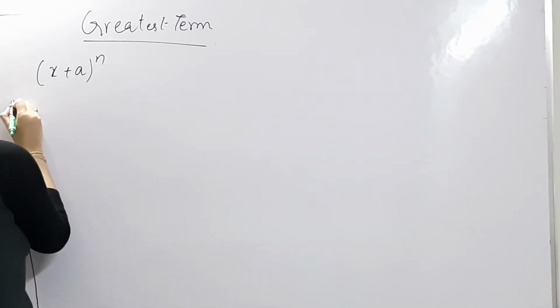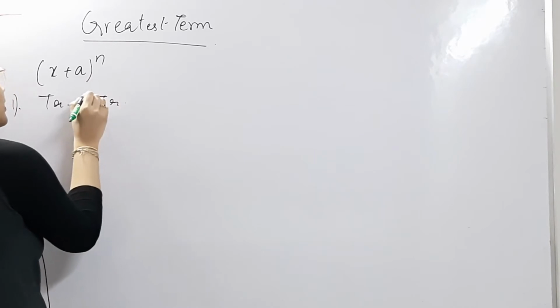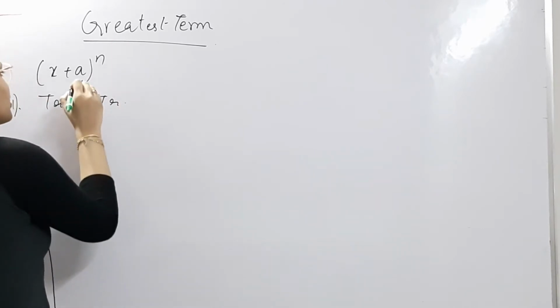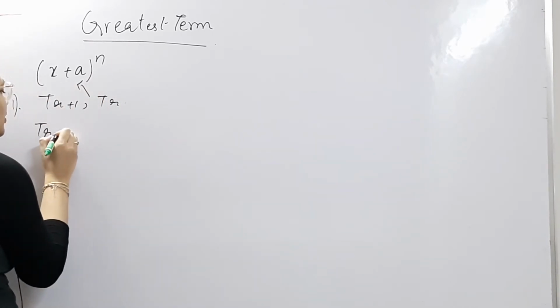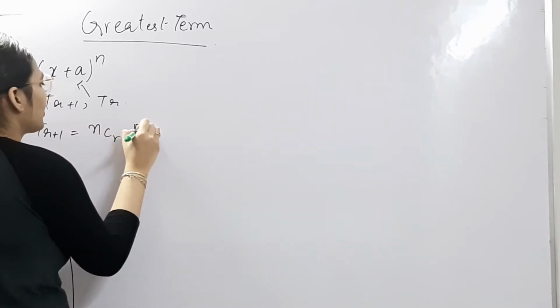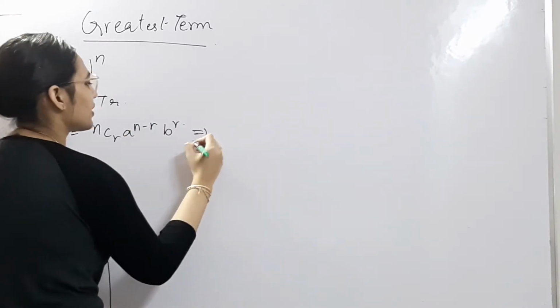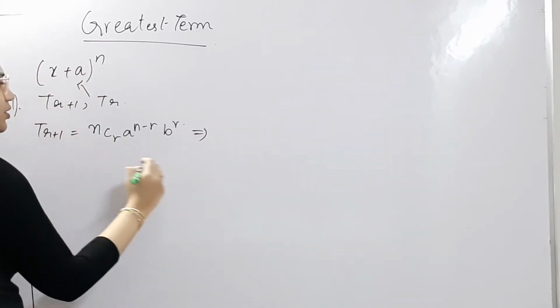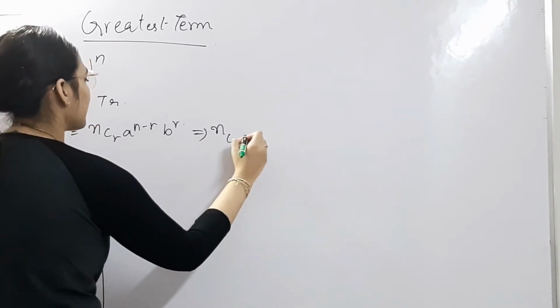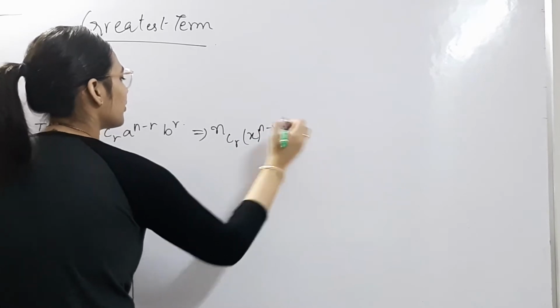So what you need to do is first find T(r+1) and T(r) in this expression. What is the general formula of T(r+1)? nCr, a to the power of n minus r and b to the power of r. So substitute x and a in place of a and b. So we get nCr, x to the power of n minus r and a to the power of r.